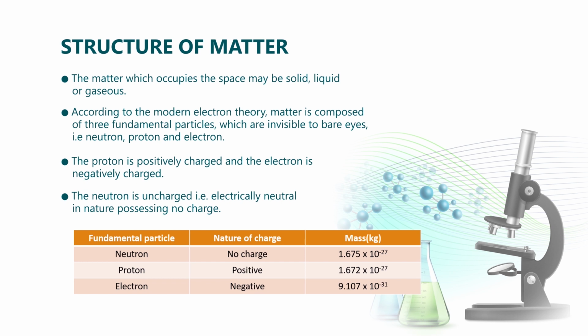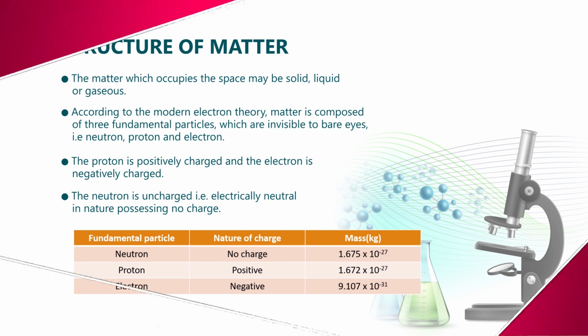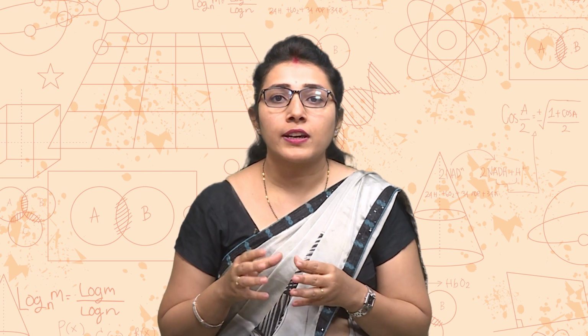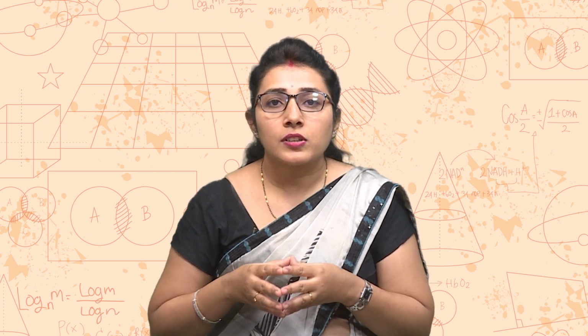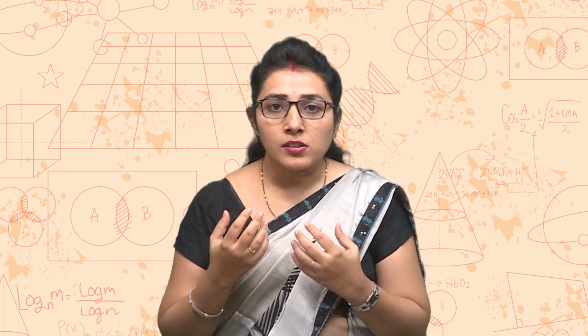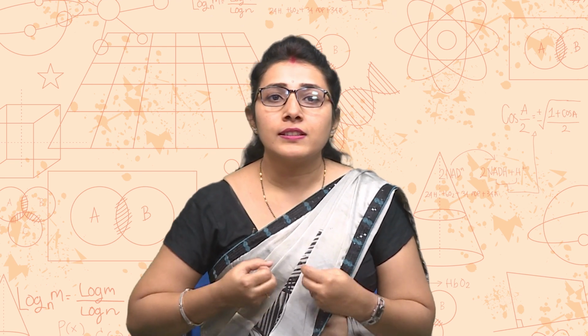Here we can see that the mass of the neutron and proton is almost equal while the electron is lighter. The mass is 9.107 into 10 to the power of minus 31 kg. So, the mass of the electron is very small compared to the neutron and proton.